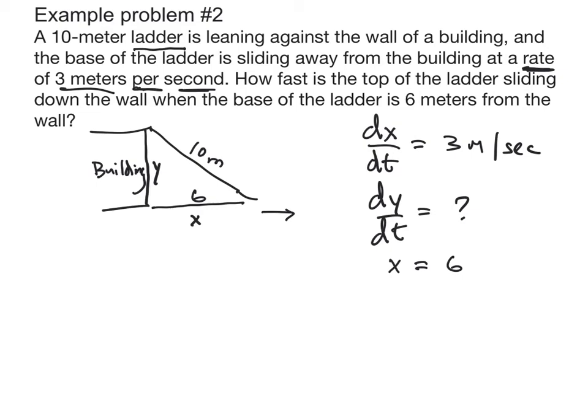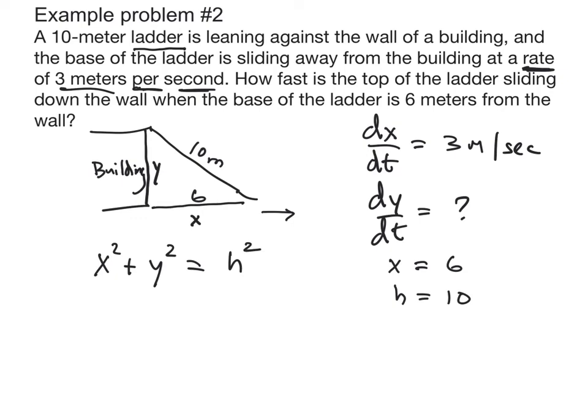Now, it's also important to recognize that we have the Pythagorean theorem going on here. So that 10 is my hypotenuse, so I'll call it h. Once you realize the Pythagorean theorem's going on here, you're going to have x squared plus y squared equals h squared.